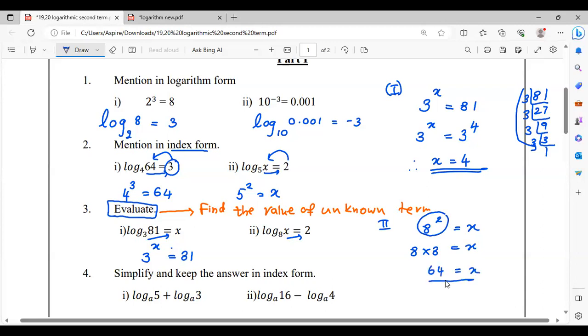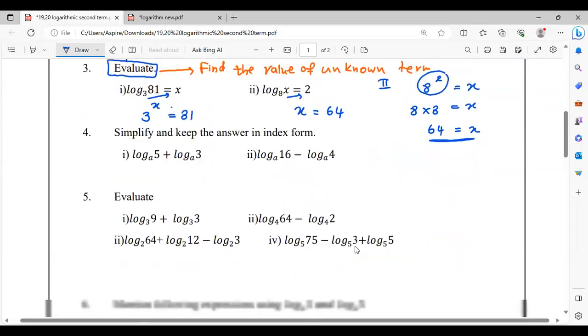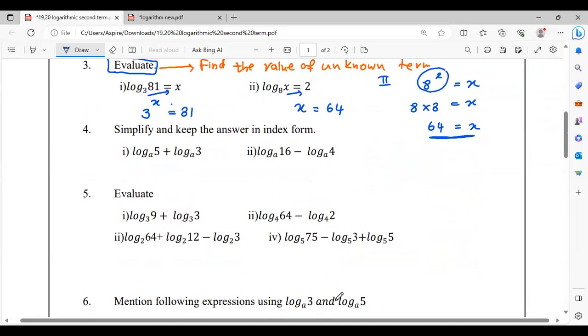X equals 64. This is how we do the conversion of log form into index form. When you are given a log equation, you have to convert it into index form and you can find the unknown term. Okay, the fourth one, let's see how we do this.